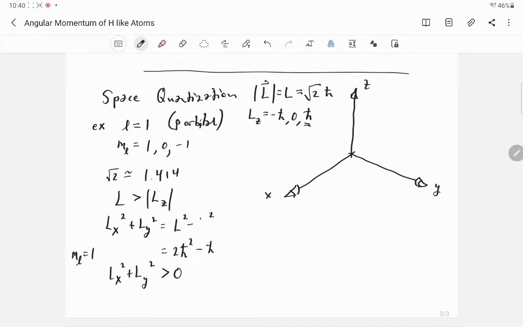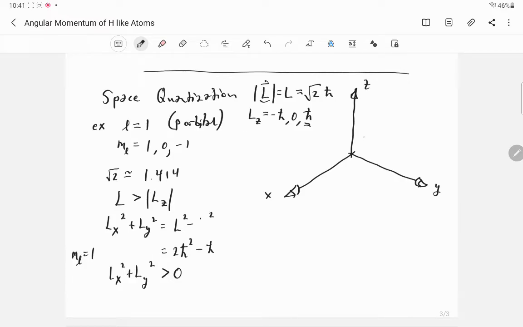That is, but I don't know what Lx or Ly individually are. I just know that their squared combination is bigger than 0, which means that because I don't know what Lx and Ly are, but I know that they're important, I'm not really sure how to draw the L vector.